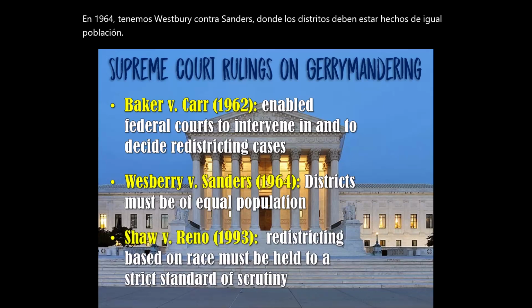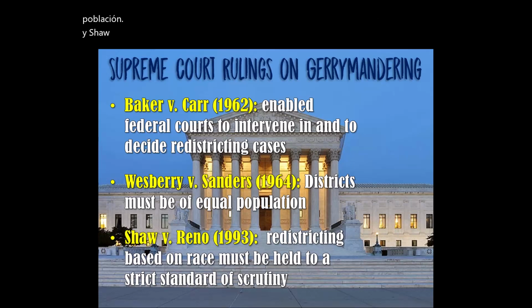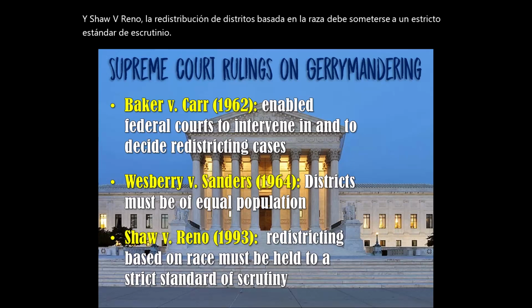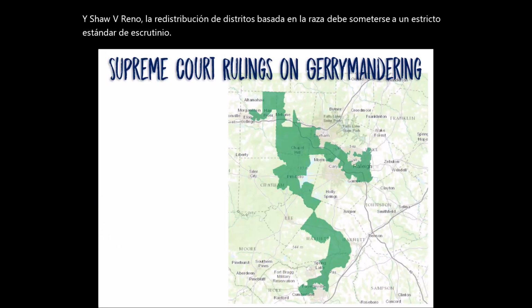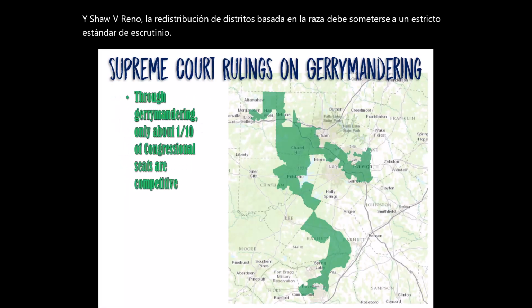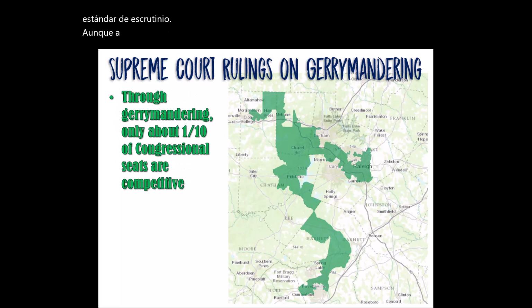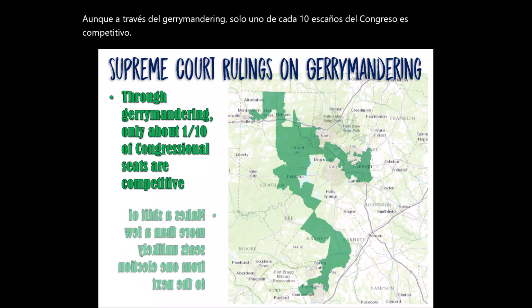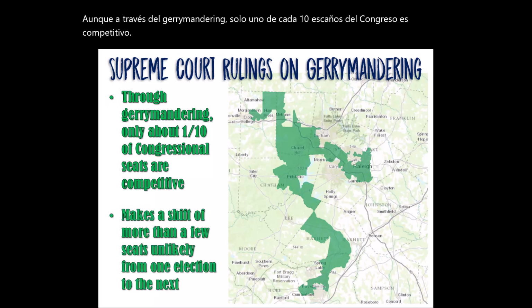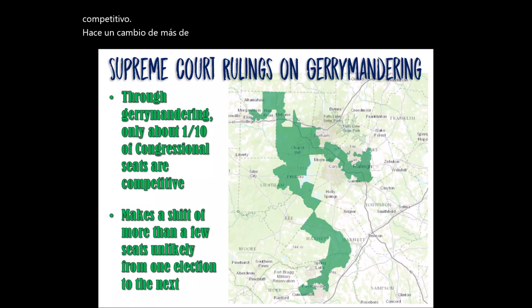Reno, redistricting based on race must be held to a strict standard of scrutiny. Though, through gerrymandering, only about 1 out of 10 congressional seats are competitive. It makes a shift of more than a few seats unlikely from one election to the next.